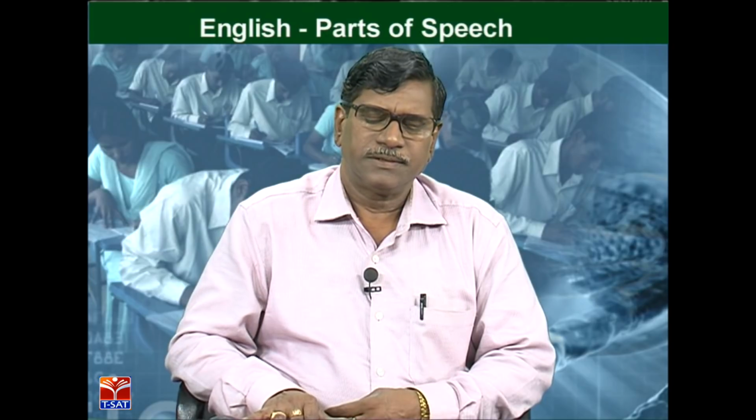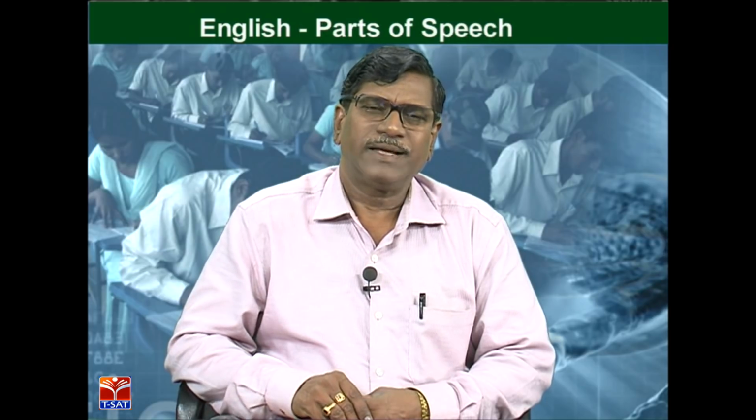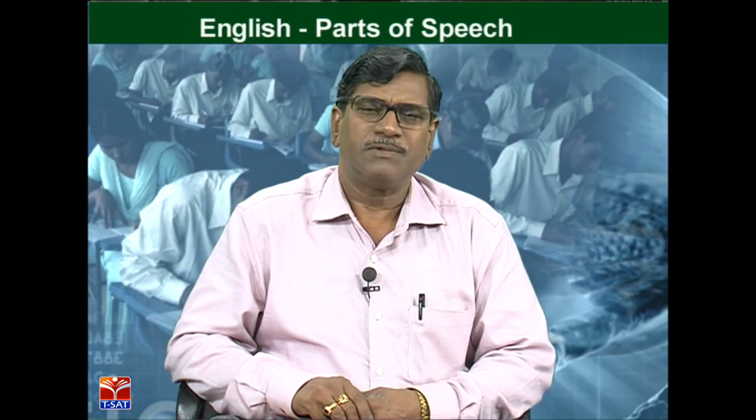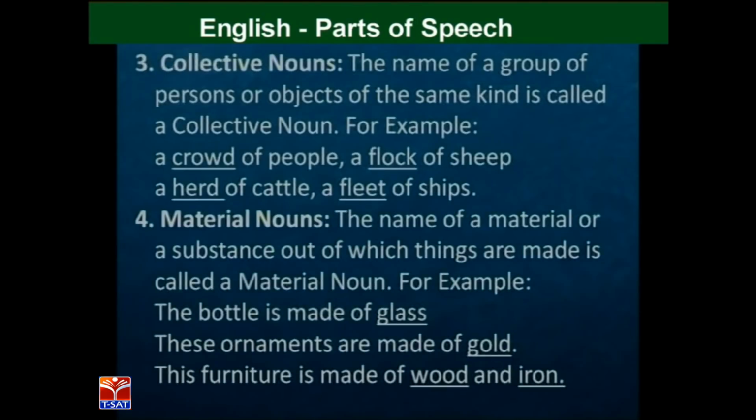And then the third variety is collective nouns. The name of a group of persons or objects of the same kind is called a collective noun. For instance, a crowd of people. A crowd, the underlined word crowd, is a collective noun.